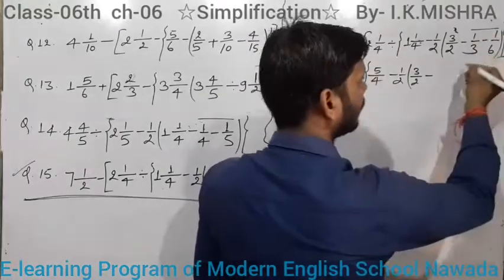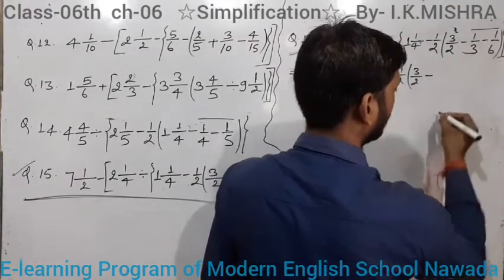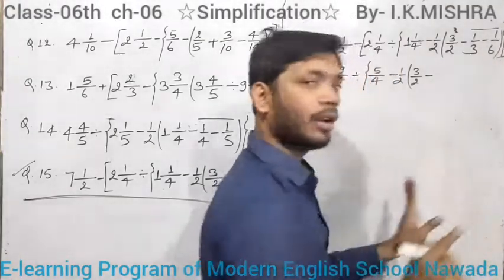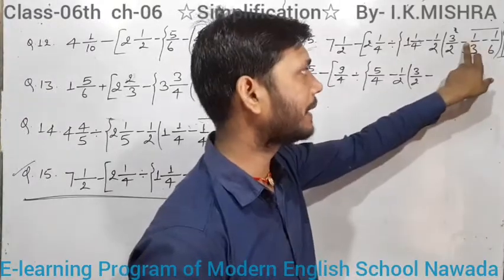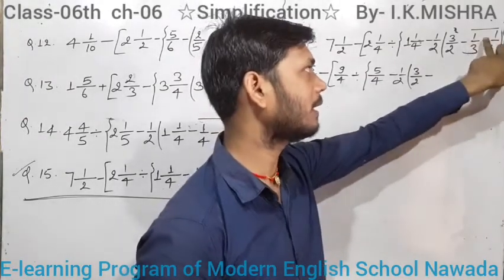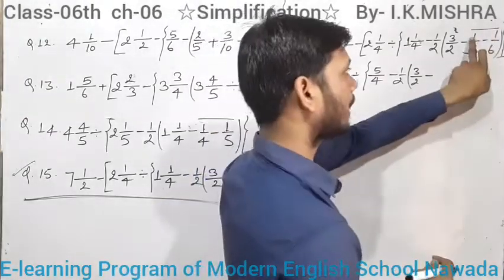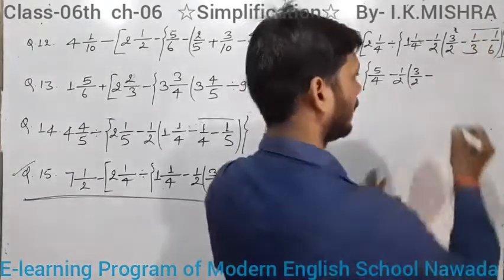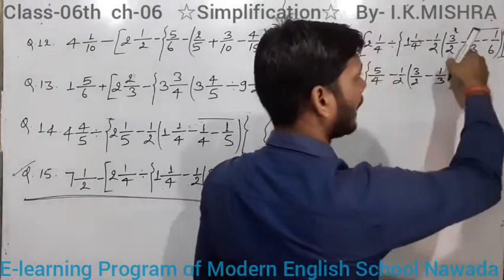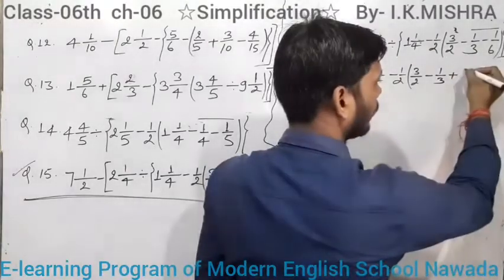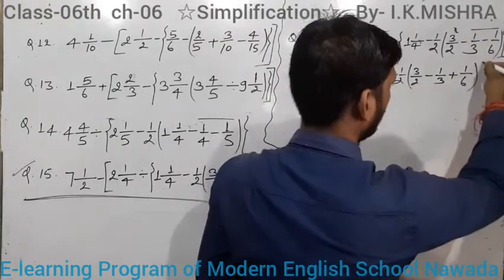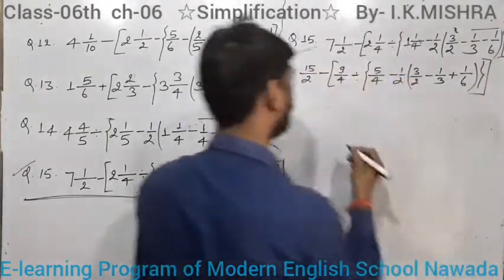So here take the LCM, or you can multiply minus in both 1 by 3 and minus 1 by 6. When you multiply minus in 1 by 3, then it will be minus 1 by 3, and minus is multiplied in plus 1 by 6. Clear friends? Now proceed.